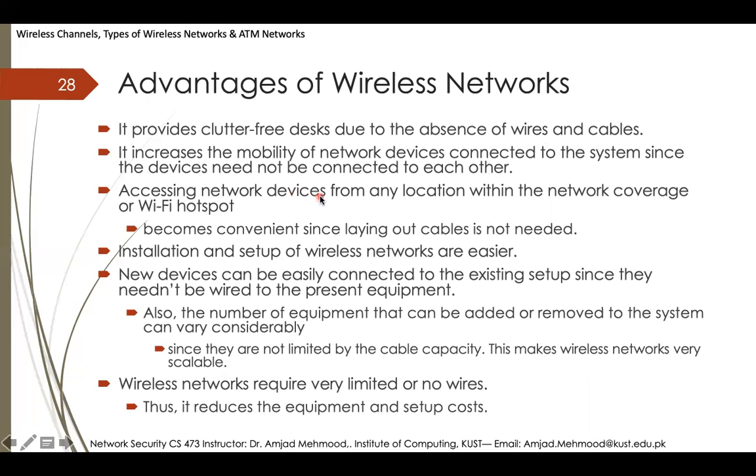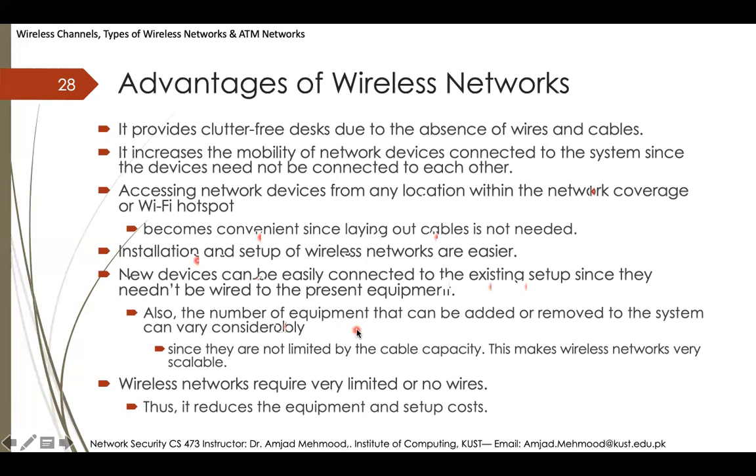Accessing network devices from any location within the network coverage of a Wi-Fi host becomes convenient, since laying out cables is not needed. Installation and setup of wireless network are easier. New devices can be easily connected to the existing setup, since they need not be wired to the present equipment.